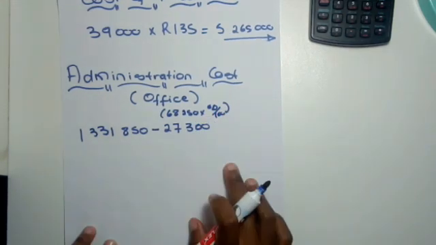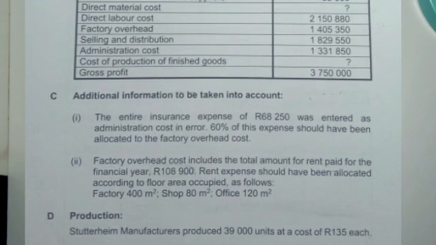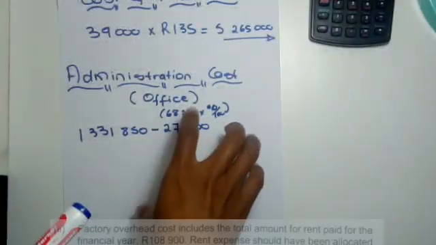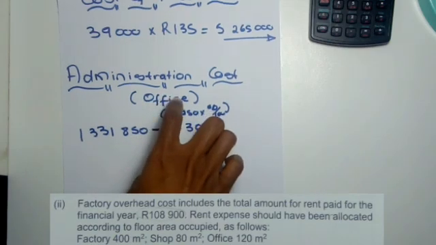And then in Roman figure 2, which says factory overheads includes the total amount of rent paid for the financial year, which was 108,900. The rent expense should have been allocated to the floor area occupied as follows: factory 400, shop 80, and office 120. Like I said before, what we are looking for in terms of administration is what belongs to the office.